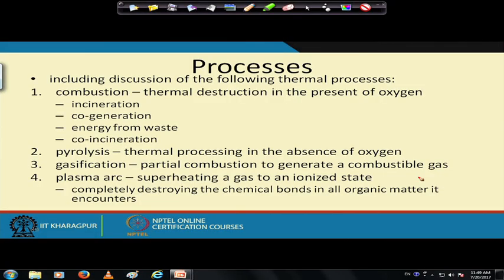Then plasma arc. Plasma arc is where you superheat a gas to an ionized state. You take the waste and heat it all the way to almost 10,000 degrees centigrade, so it is a highly energy-intensive process. If you remember, in the beginning I said we usually do not see plasma arc plants for municipal solid waste.